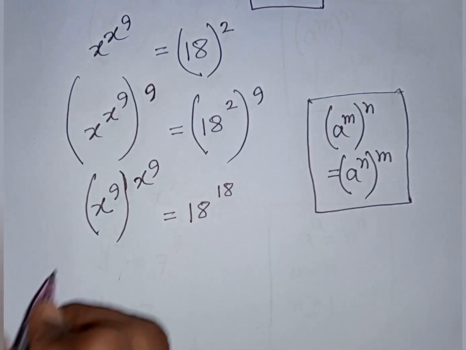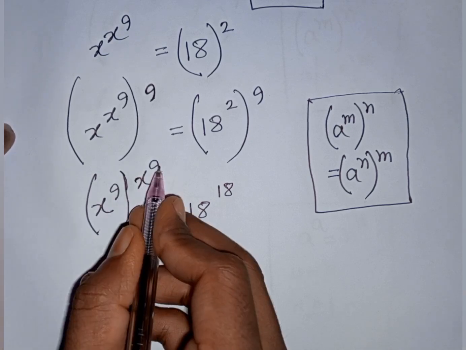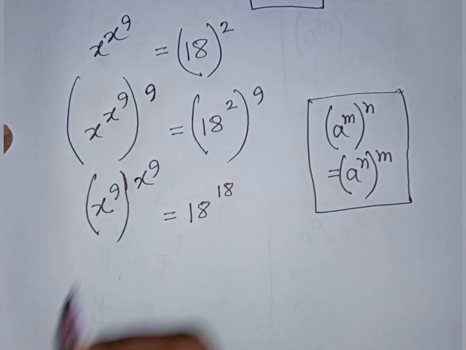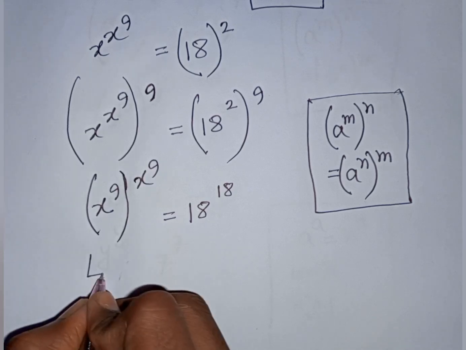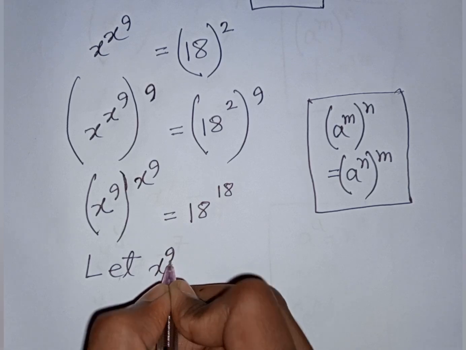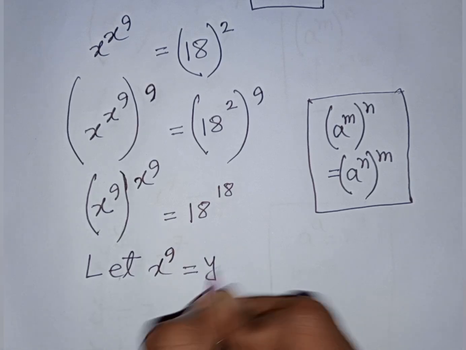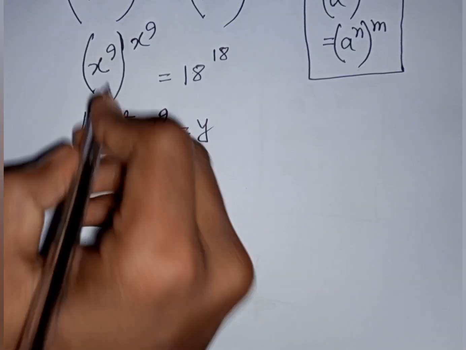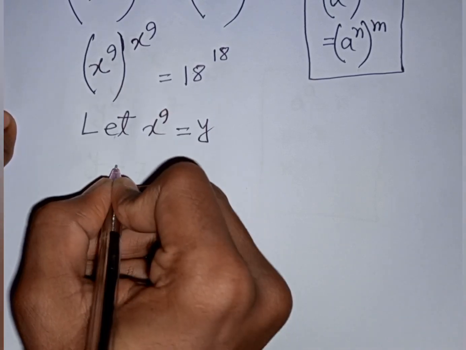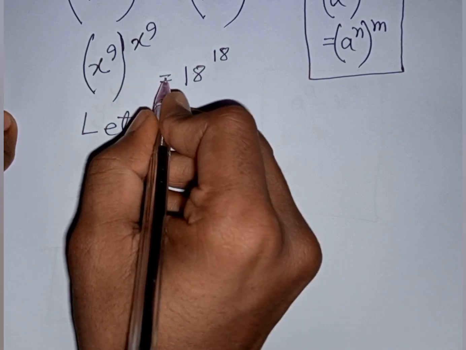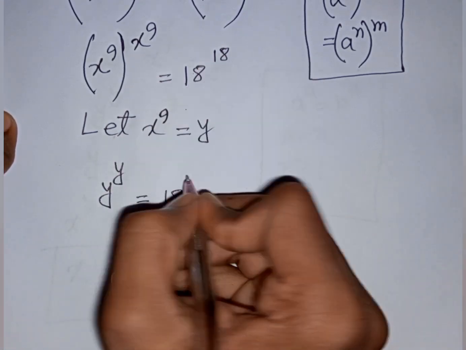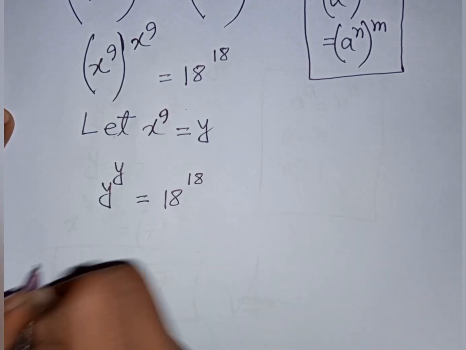Now we see x to the power 9 and x to the power 9, base and power are the same, both terms are the same. So let x to the power 9 be substituted by y. So our equation will be y power y is equal to 18 power of 18.